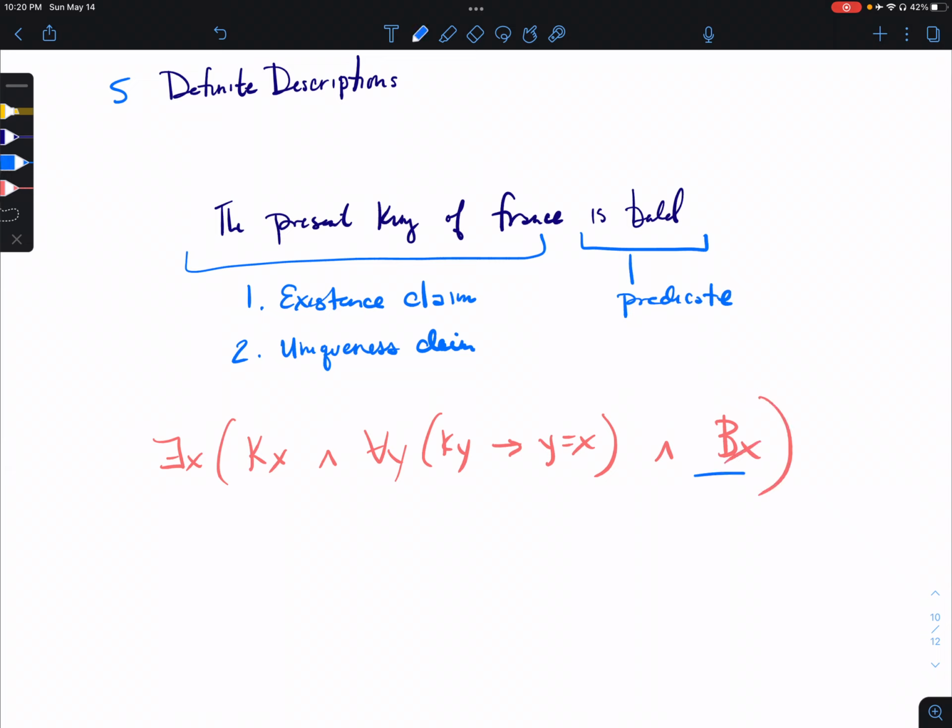So here's where we've got the simple predicate. This was the part that was never difficult. Here we have the part where we assert that the thing exists in the first place. And here's where we just make it clear we're talking about a specific individual.